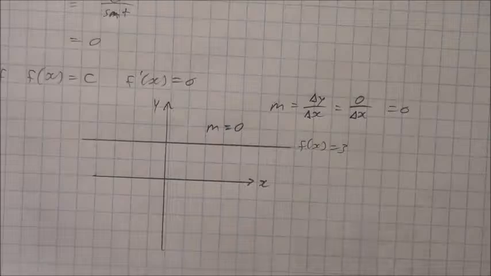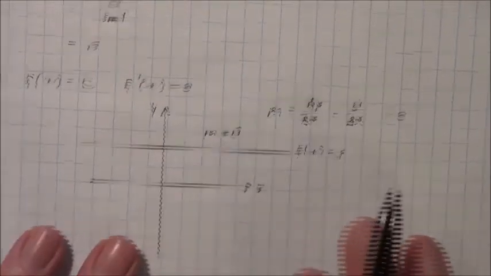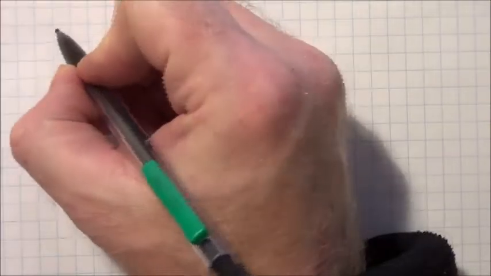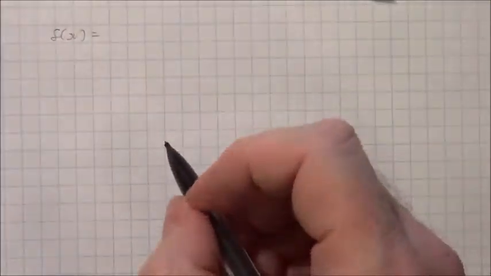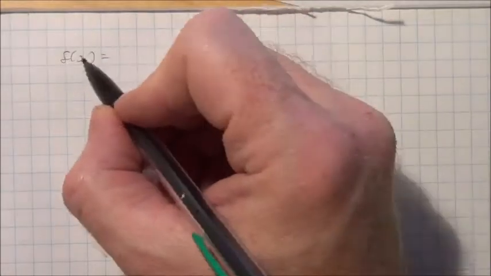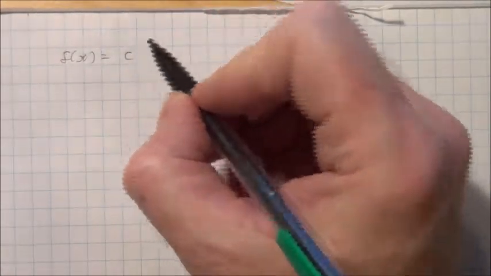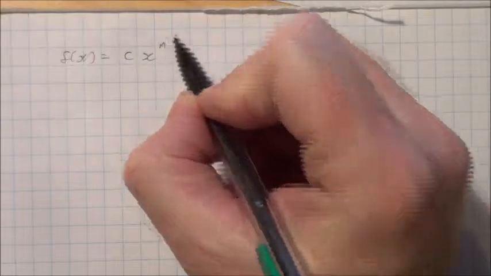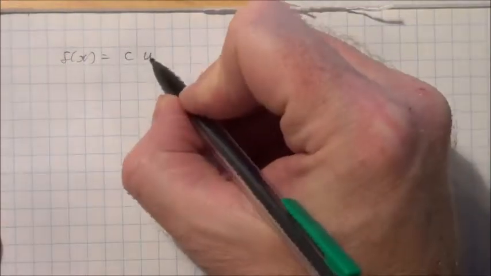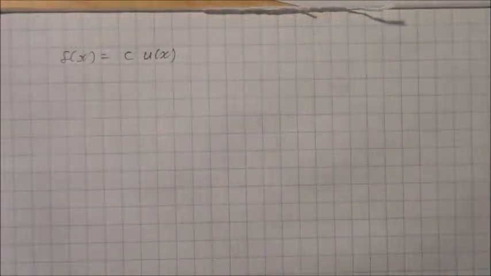Okay, so let's move along now to, suppose we have a constant, suppose f of x is some sort of value where we've got some constant multiplied by, let's say, u of x, just for fun.